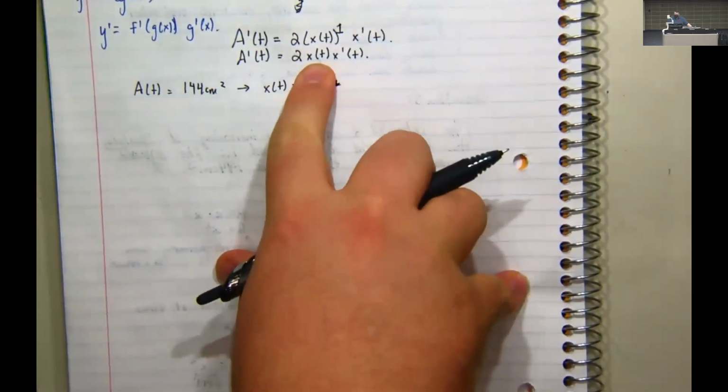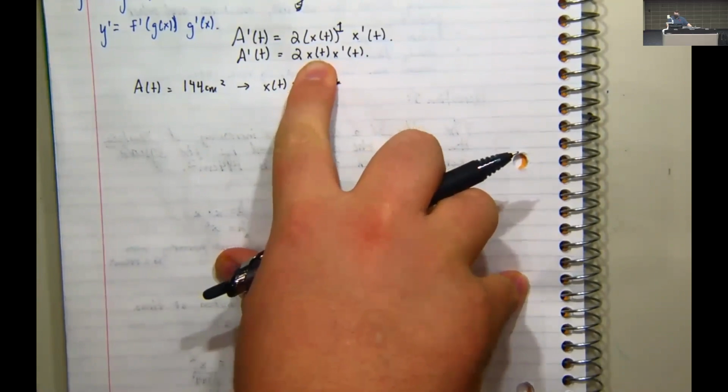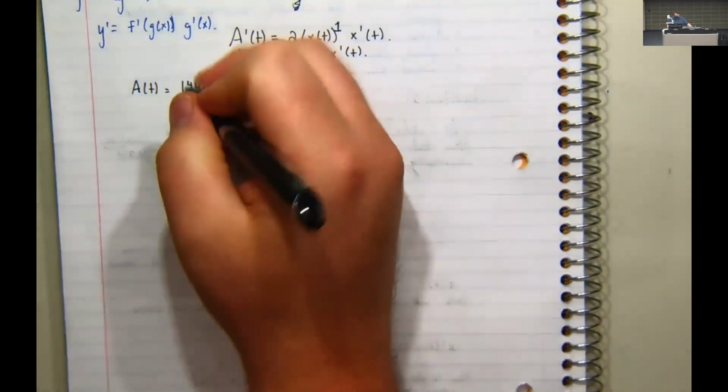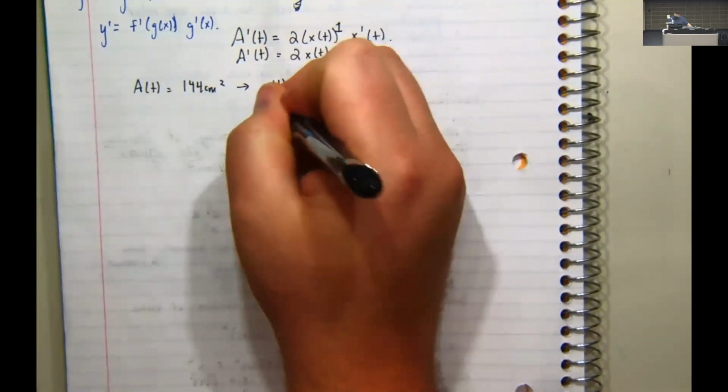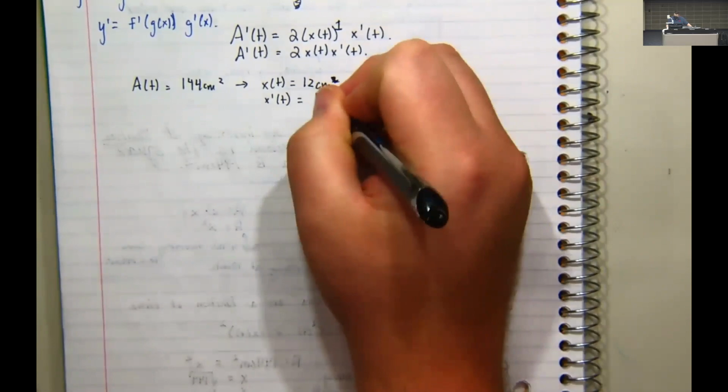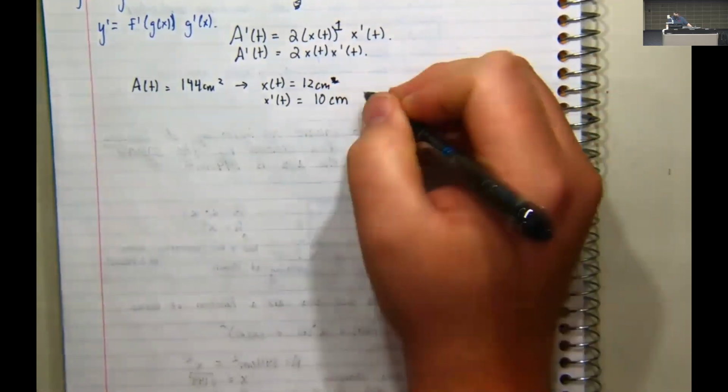So we have our value here for x of t, and then the other variable here is x prime at t, and we know that x prime at t is equal to 10 centimeters per second.